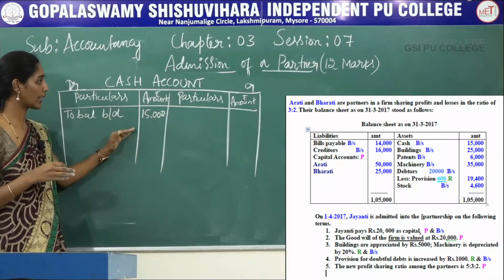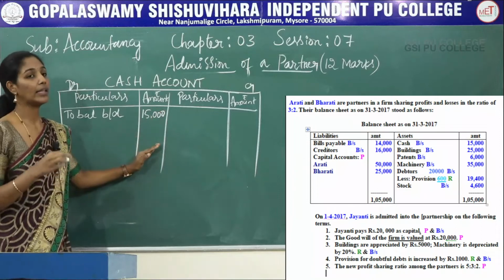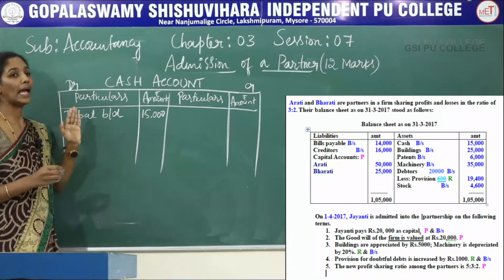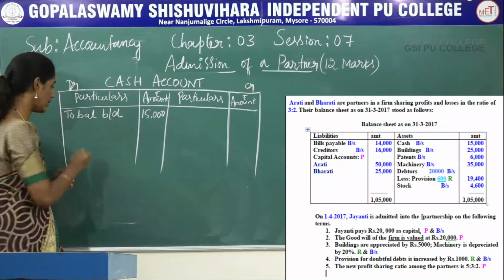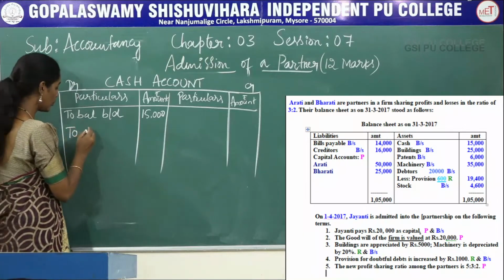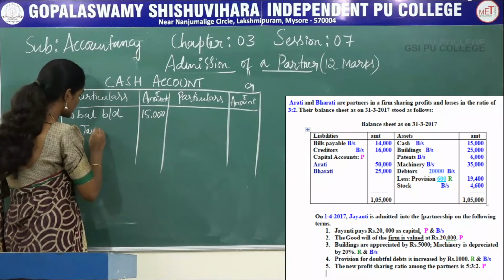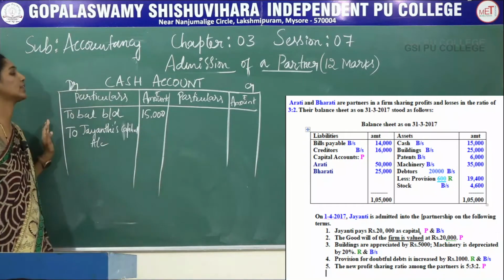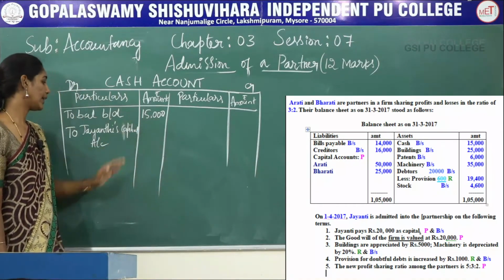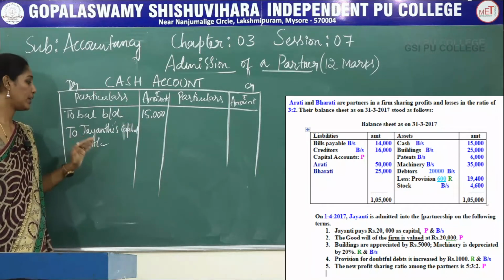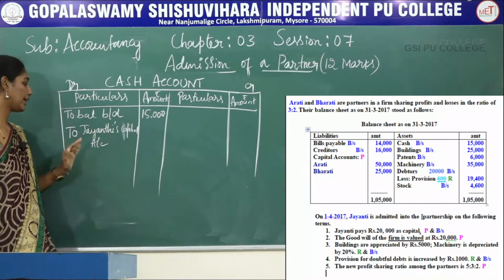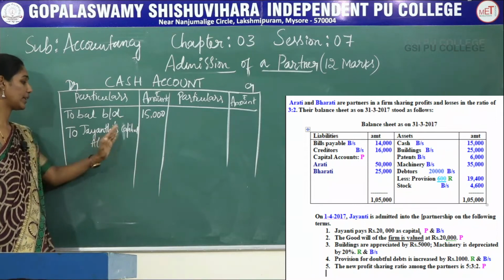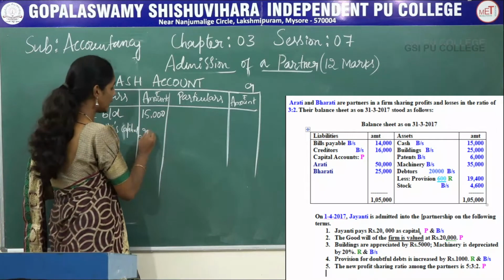After recording the old cash, you have to record the capital amount of the new partner as To Jayanti's Capital Account, rupees 20,000.